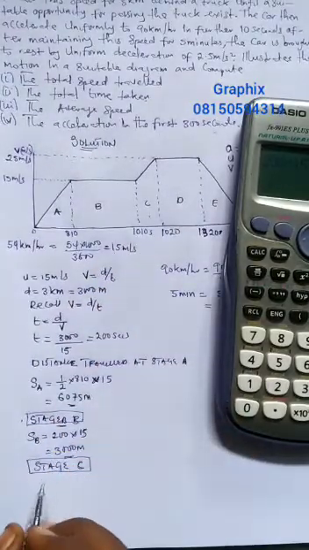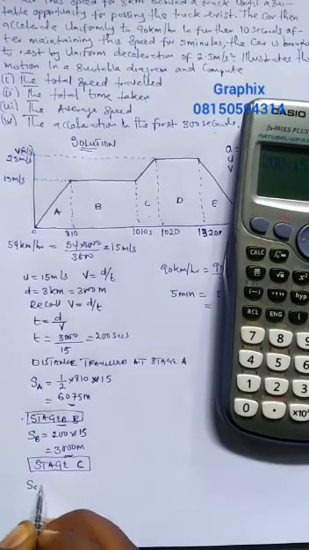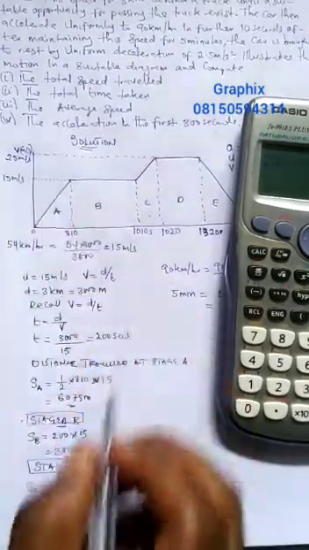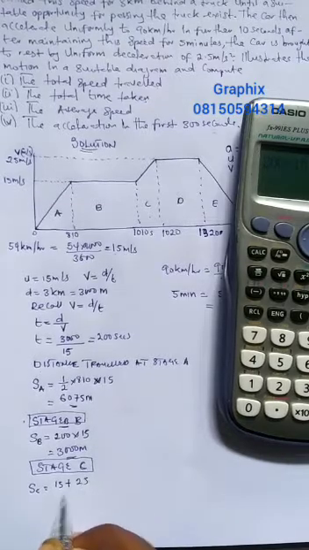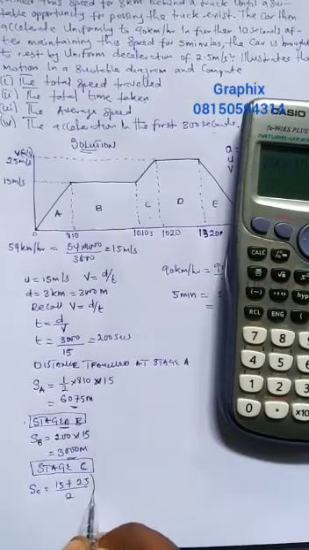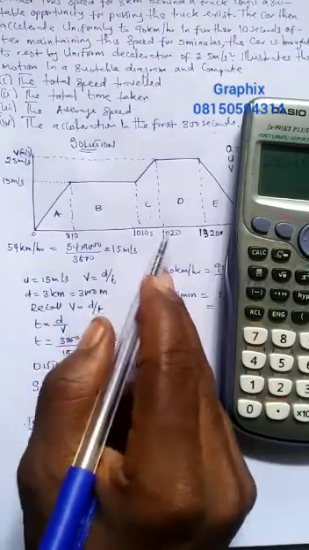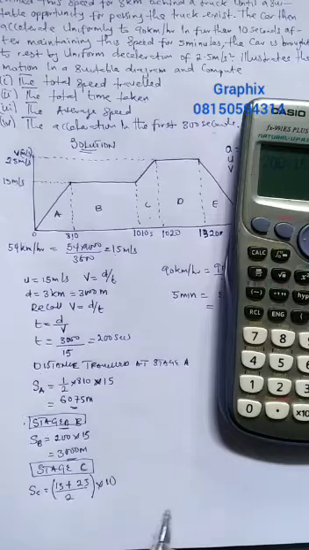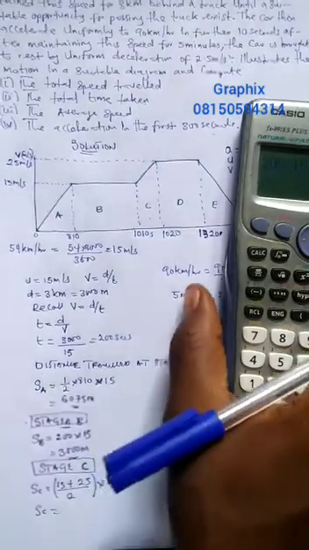So how we're going to know, it will be the average distance here, so my SC will be 15 plus 25 divided by 2, multiplied by the time during that period, and which is what? That is 10.